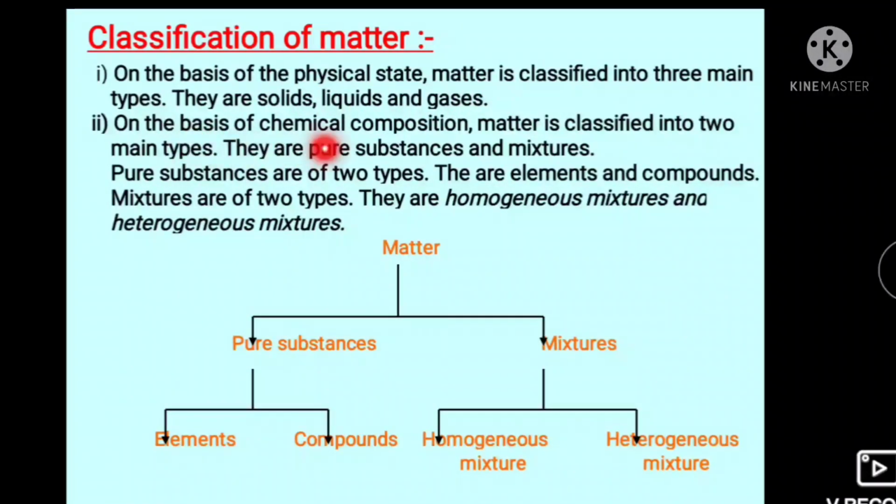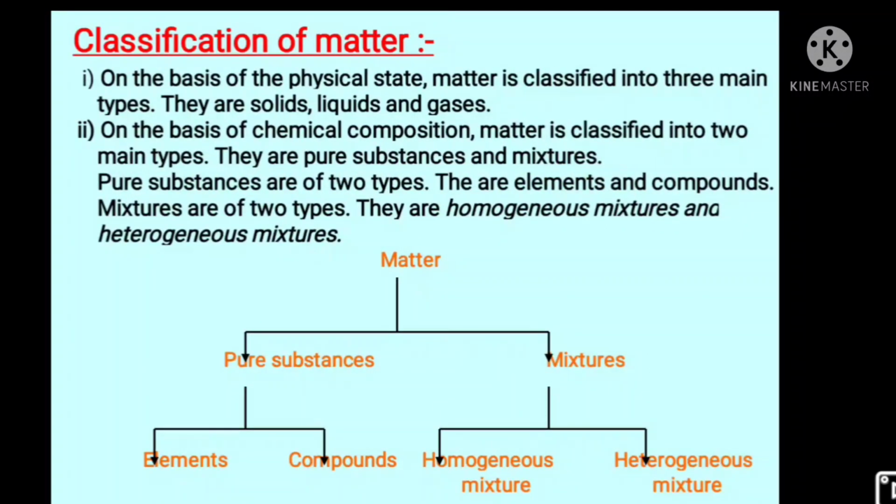And on the basis of chemical composition, matter is classified into two main types: pure substance and mixtures. Pure substance is again classified into elements and compounds, and mixtures are classified as homogeneous mixture and heterogeneous mixture.